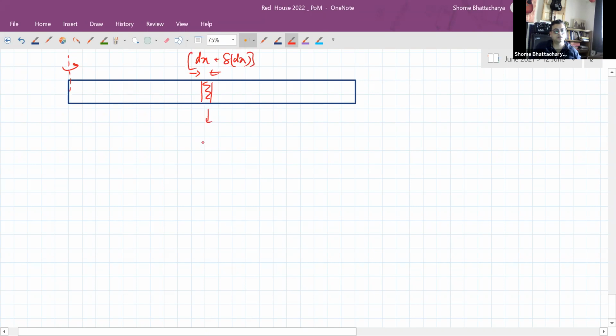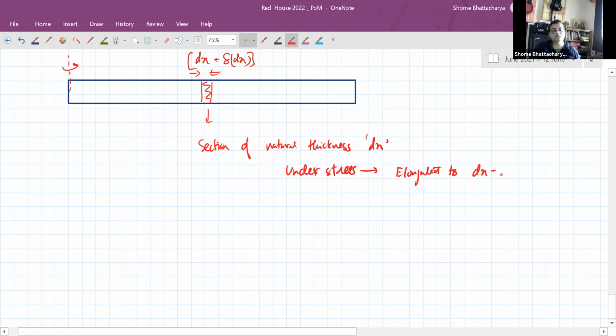This is a section of natural thickness dx, under stress, and therefore elongated to dx plus delta dx.